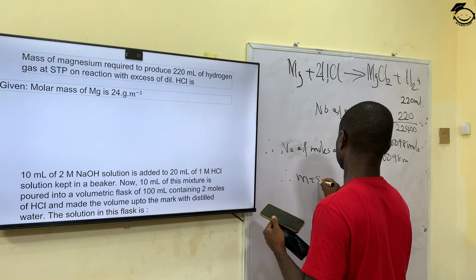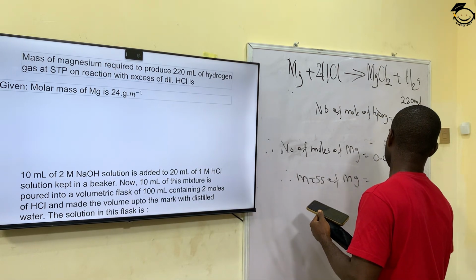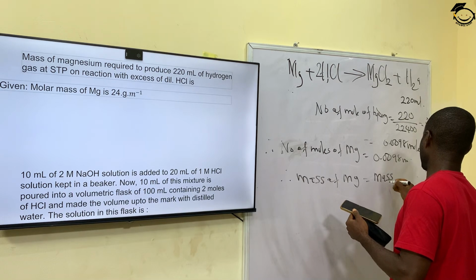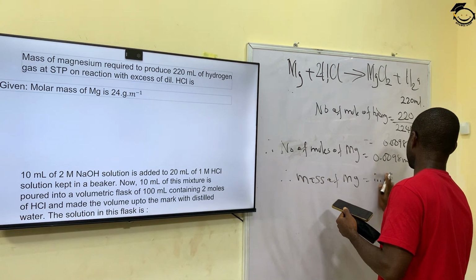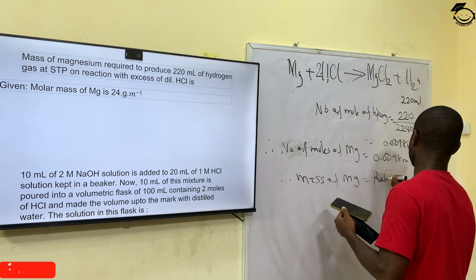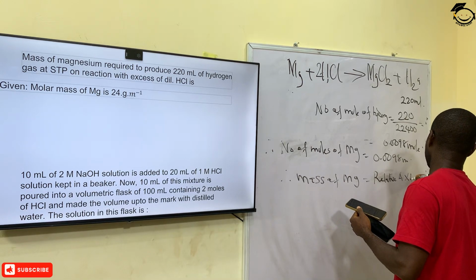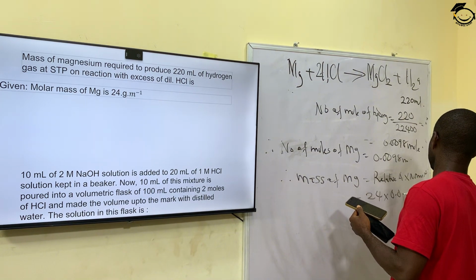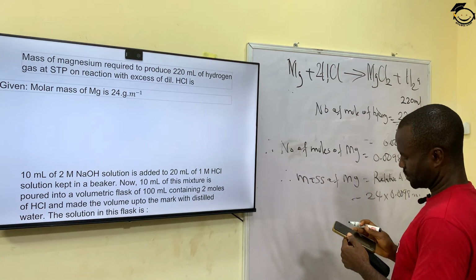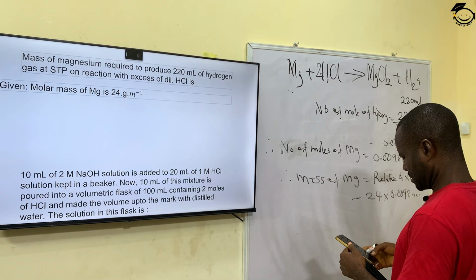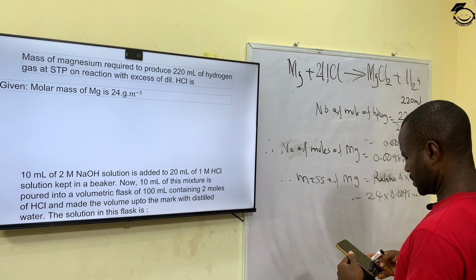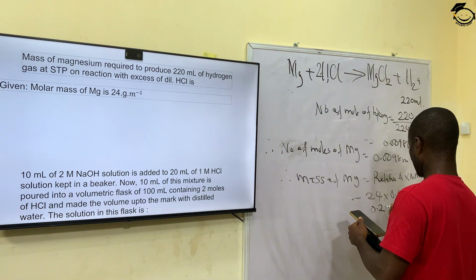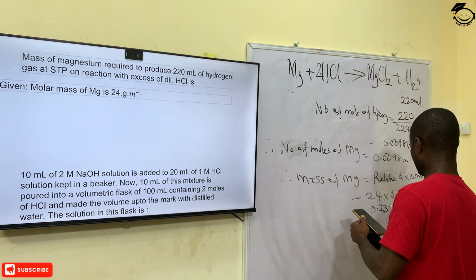Therefore, mass of magnesium equals relative atomic mass times number of moles, which is 24 times 0.0098, which gives us 0.234 grams.